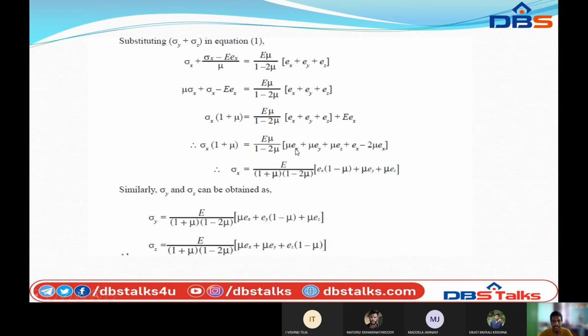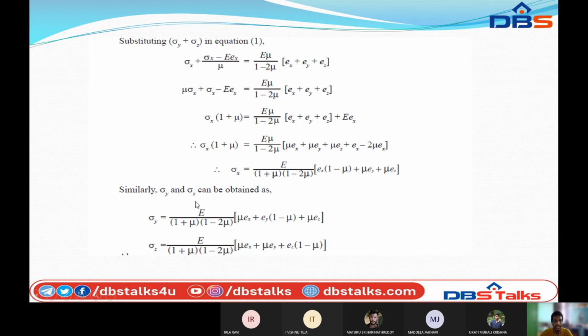After taking Ex as common, the term will be Ex times 1 minus mu, plus mu Ey plus mu Ez.